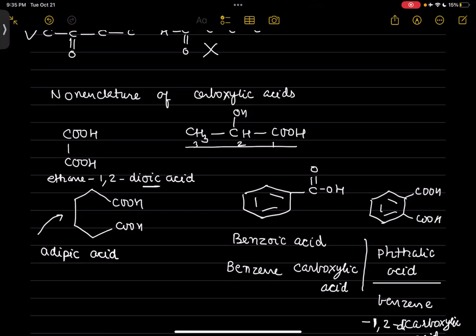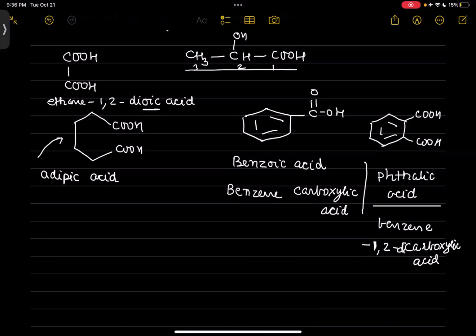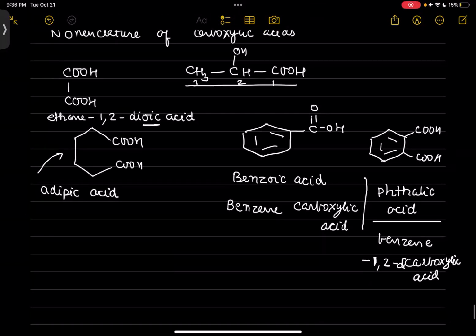If the carboxylic acid is directly connected to the cyclic ring, then the suffix is carboxylic acid. Some carboxylic acids are very common, and for them the common name is more common than the IUPAC. You are expected to know their common names also. Benzoic acid, which is benzene carboxylic acid. Phthalic acid, benzene 1,2-dicarboxylic acid.